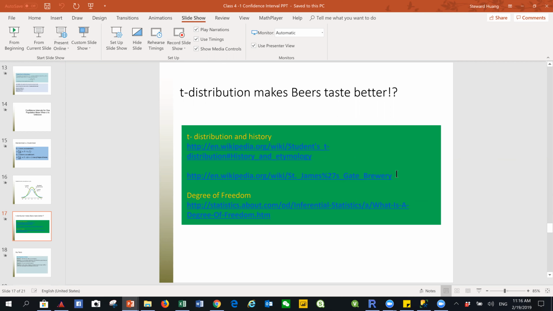I suggest that you order a cup of beer, enjoy the beer, but think about the T distribution, because that's what makes the beer so tasty. That's not a joke, that may be a fact. All right. Okay. So very good.